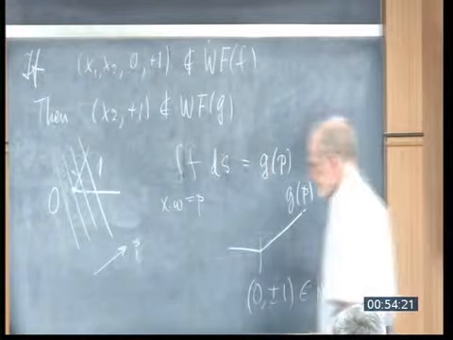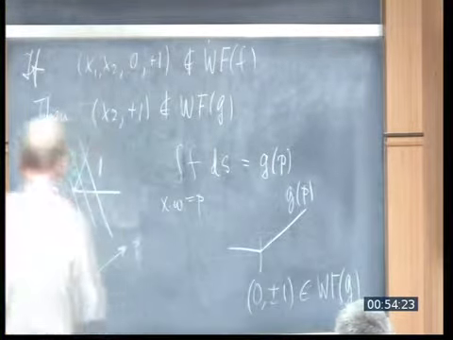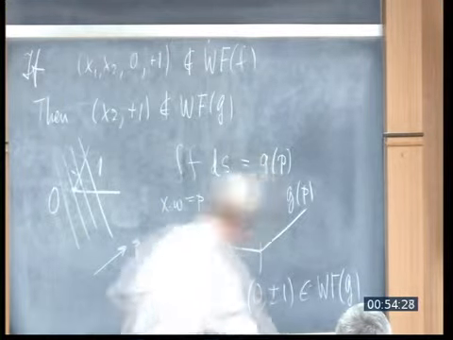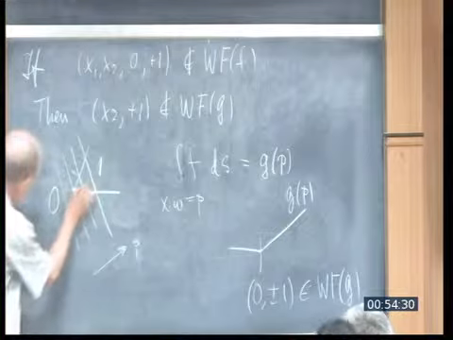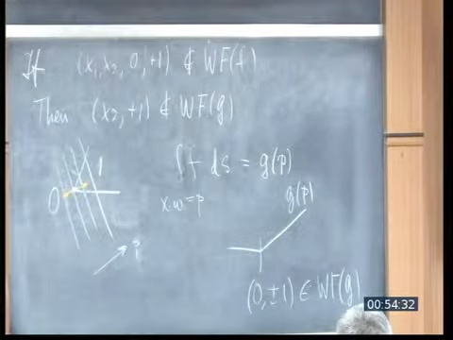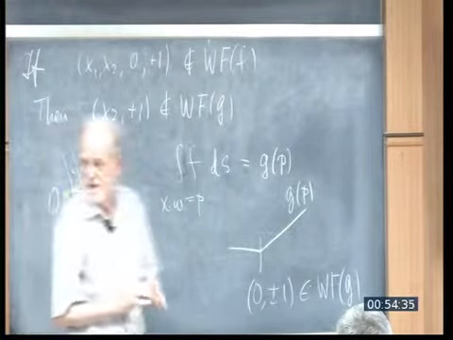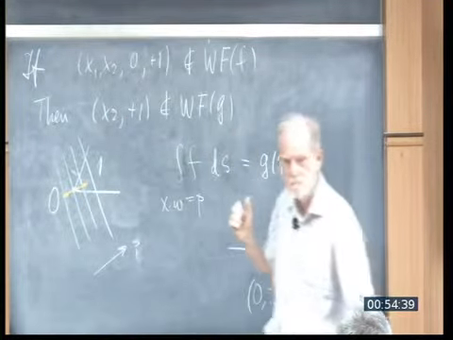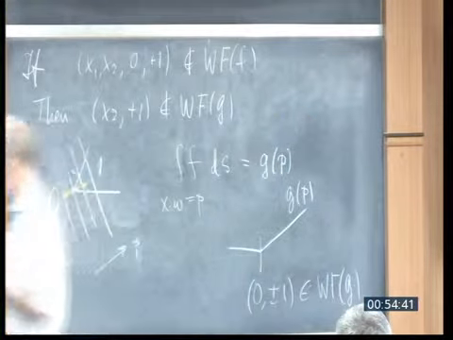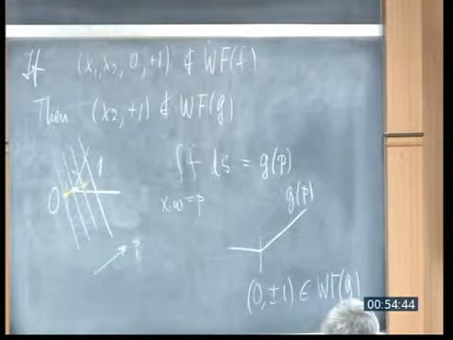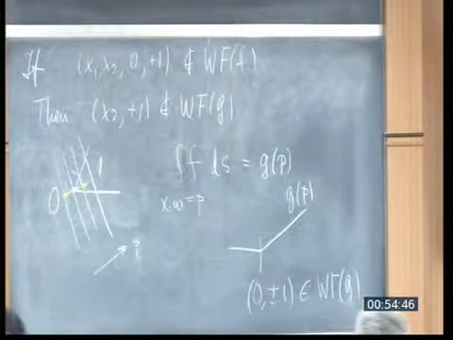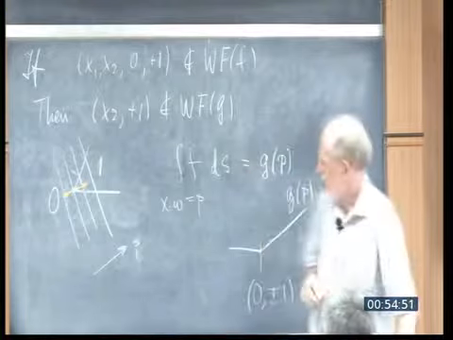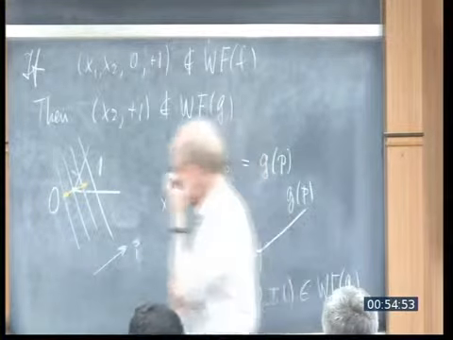So in particular, it follows from this that those must both be in the wavefront set of f. Is that clear? It was a little abstract yesterday. I thought I'd go through some examples very clearly today.